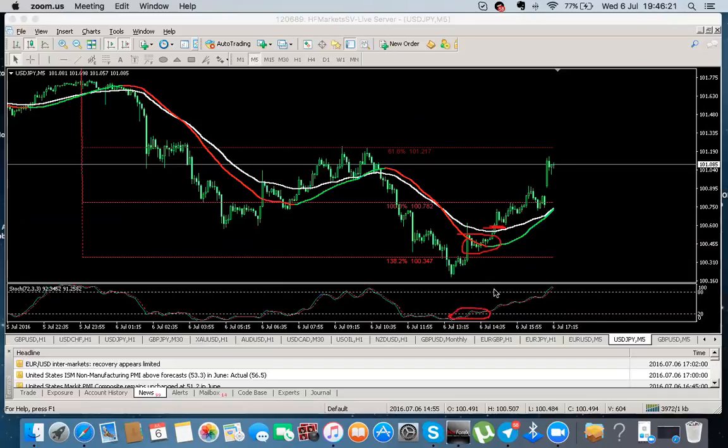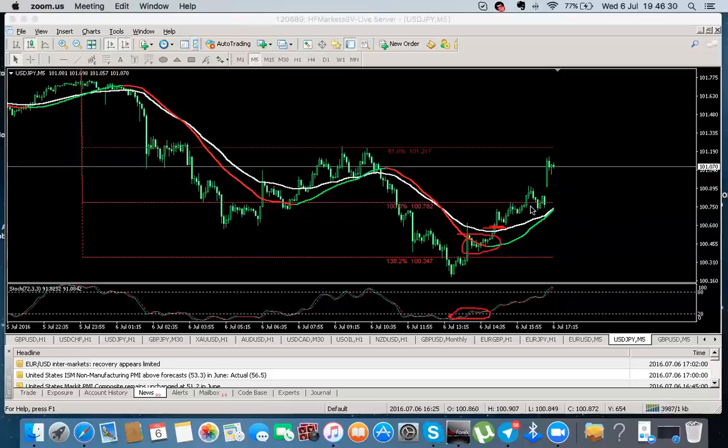So I have a good risk reward and I will not have a margin call. I may go in profit within a few minutes. So that is another thing you should look at.